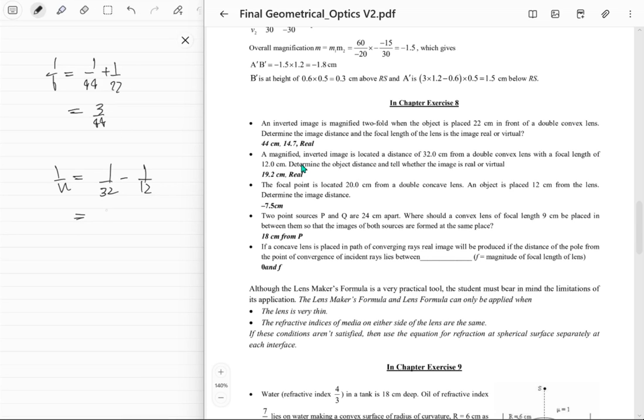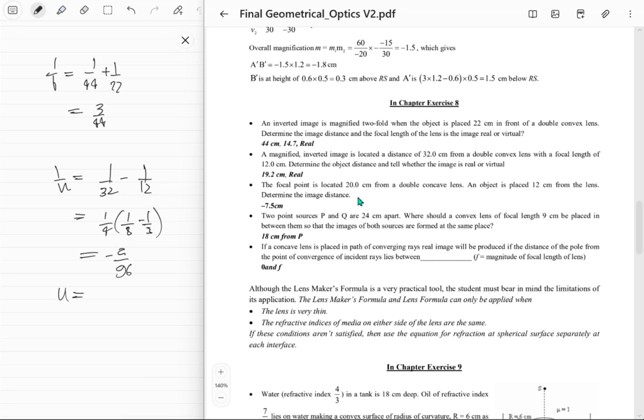So it's going to be 1 upon 8 minus 1 upon 3, minus 5 upon 24 times 4, which is minus 5 upon 96. So U is 96 upon 5, but negative, so negative 19.2. Yes, that's correct. From the magnification itself, we can say it's real.